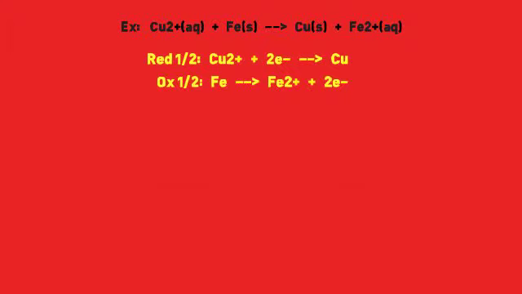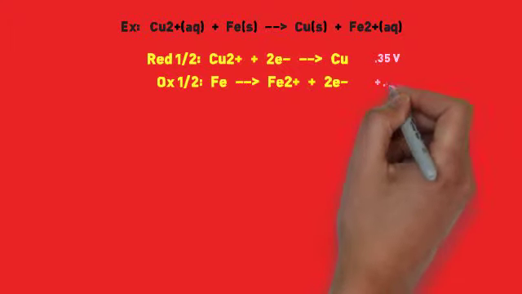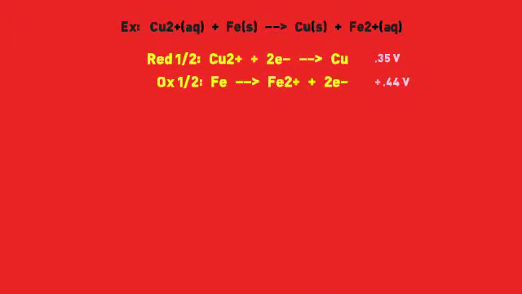For the first one, that would be 0.35 volts. This next one is a positive 0.44 volts because we had to switch it, because this is oxidation. You have to flip it all. Add them together and you get 0.78 joules per coulomb. Remember, J per C is the same as a volt.